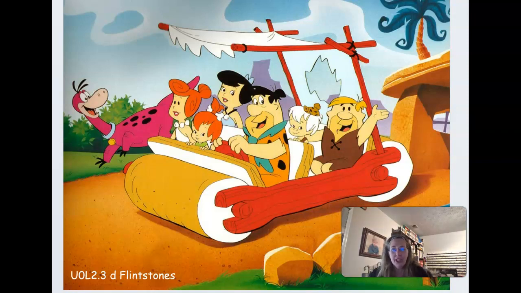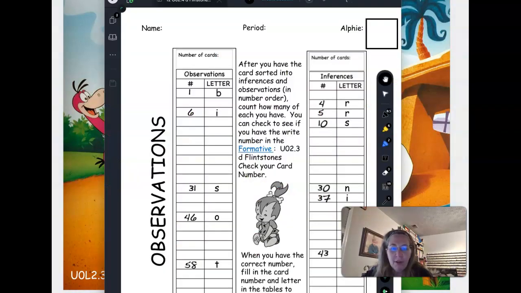When you get all your cards done, you're going to count how many of each you have. Count up how many observation cards you have and how many inference cards you have, and put that information here on the top of your table.